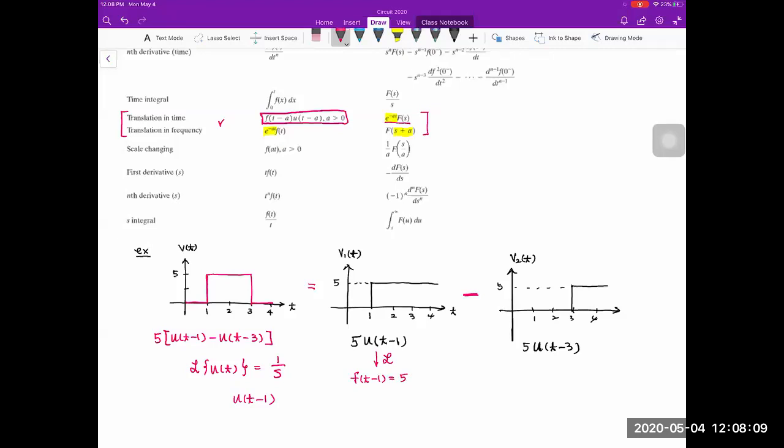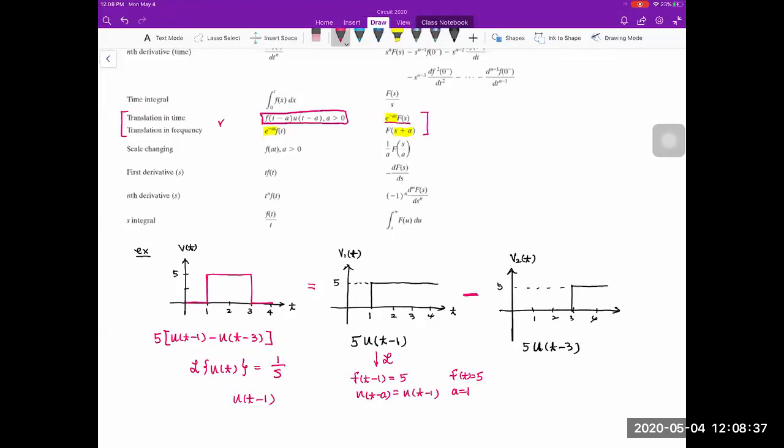It never changes. Doesn't matter what a is, it's going to be 5. And you have u sub (t minus a), and as u(t minus 1), meaning a is equal to 1, and your f(t) is equal to 5. Okay?